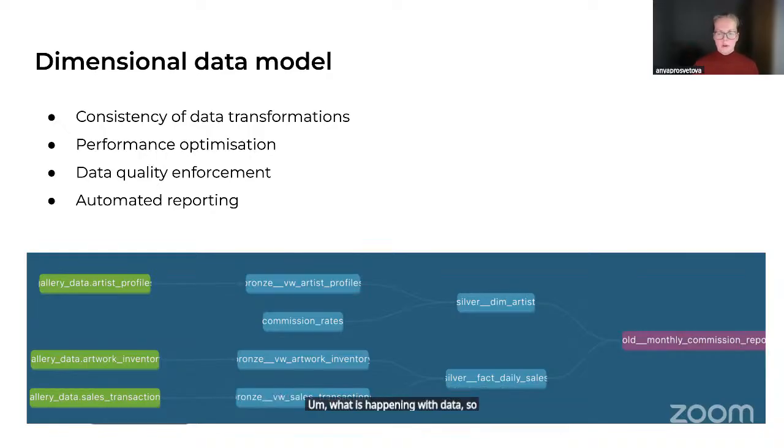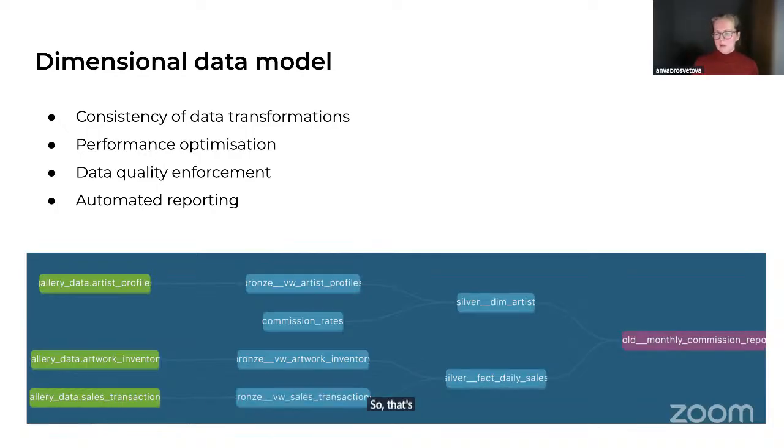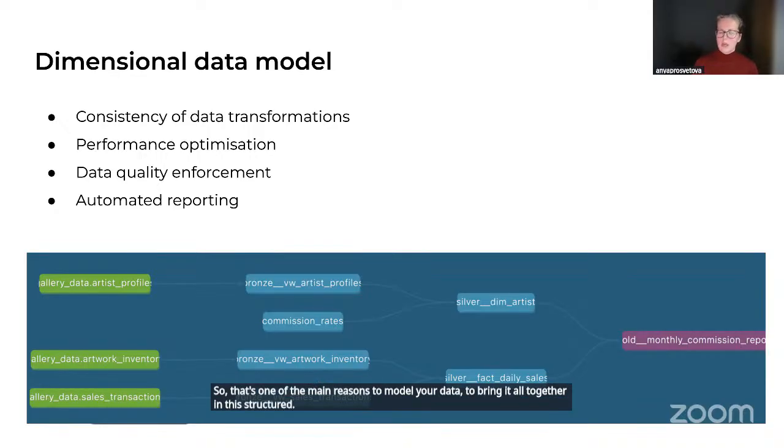So not 5 people across the organization doing certain transformations that are different, and hence they will give you a different result. So that's one of the main reasons to model your data, to bring it all together in this structured, logical way, because that helps you to create this single source of truth in your organization.